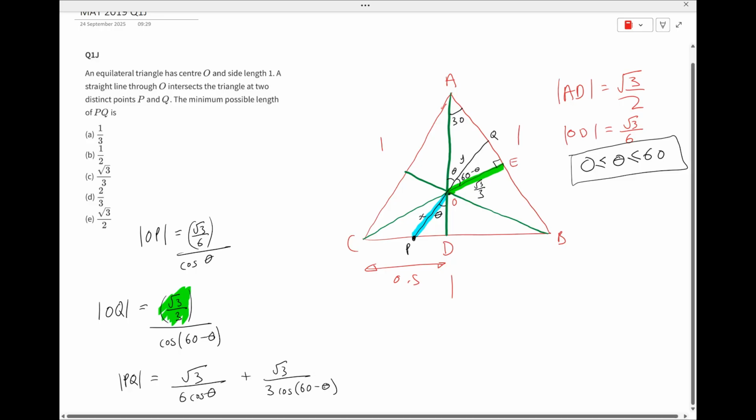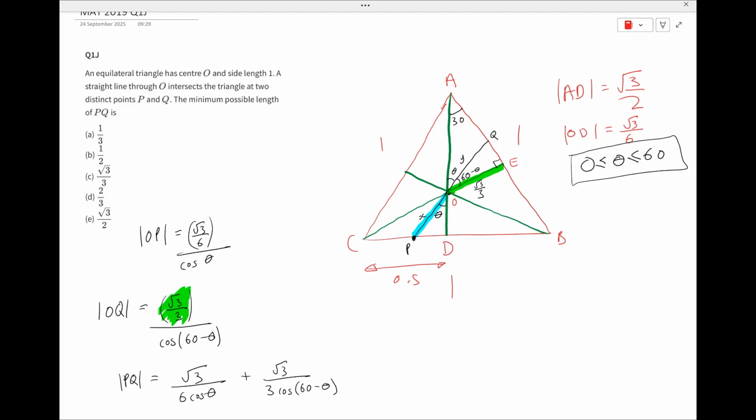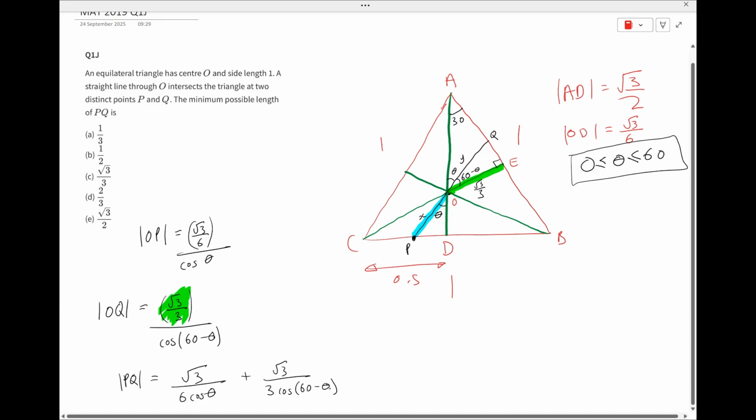This is one of these things sometimes with the MAT and the TMUA alike: you have got to have a bit of intuition. Once you've got to this stage, you don't want to spend too much time thinking about what value of theta is going to minimize it. It makes sense to check whether 30 will.